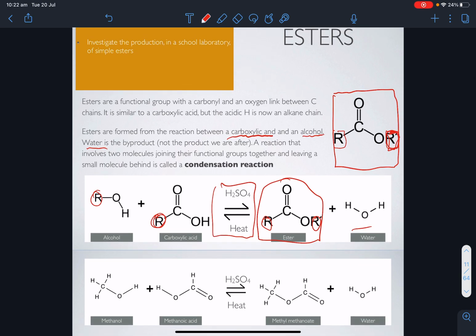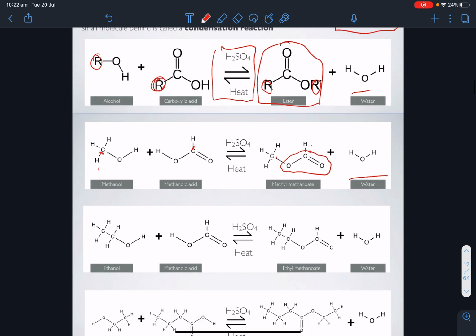I've got methanol for my alcohol, so one carbon there, and I have methanoic acid here, one carbon here. We put them under certain conditions with sulfuric acid as a catalyst and heat, and we get this molecule here that has this ester group and a methyl group on that one. So we call it, and we'll talk more about the naming, methyl methanoate, and water is the byproduct.